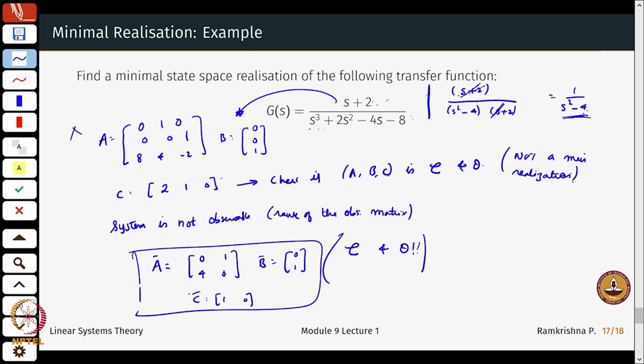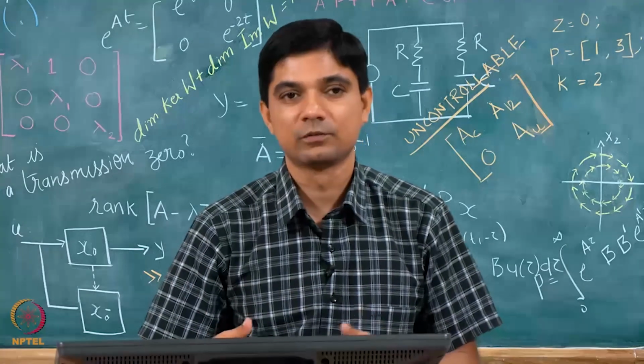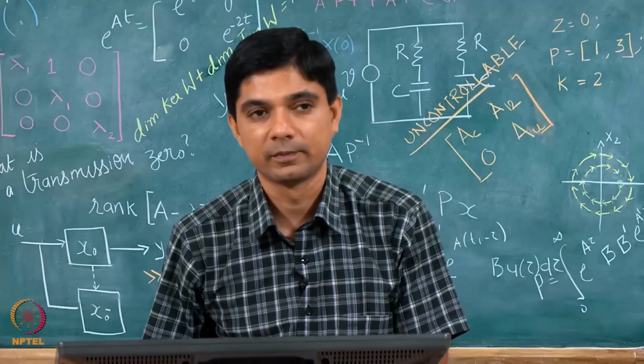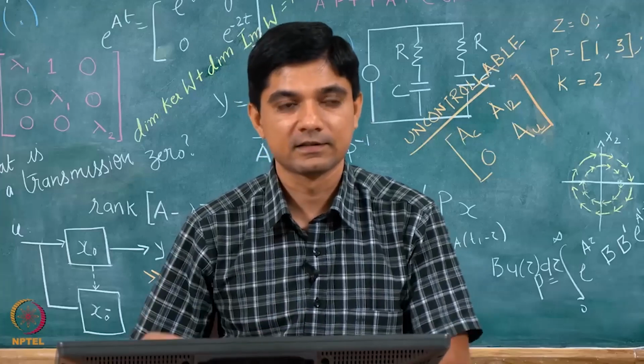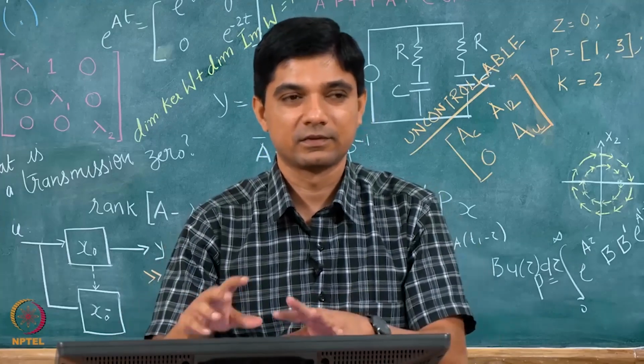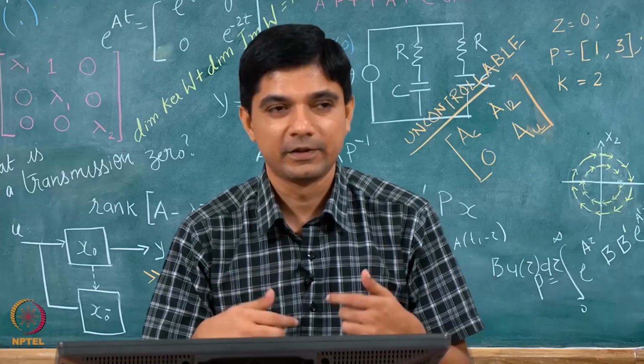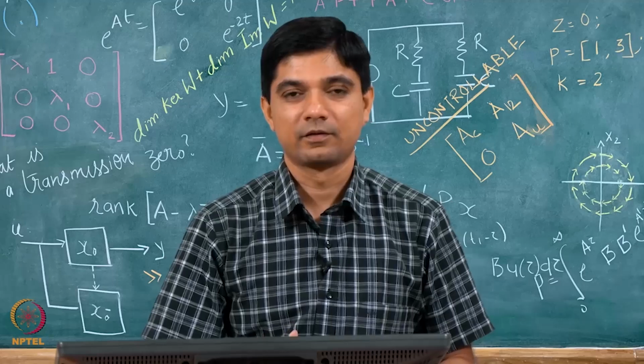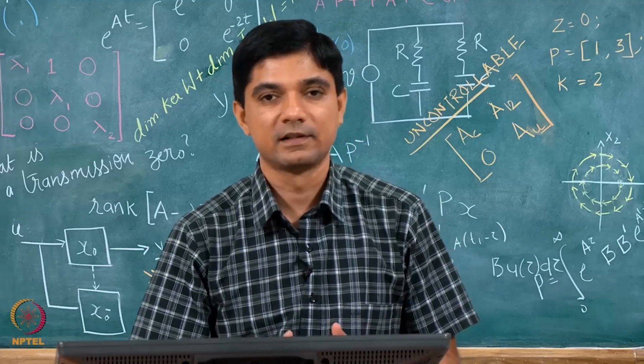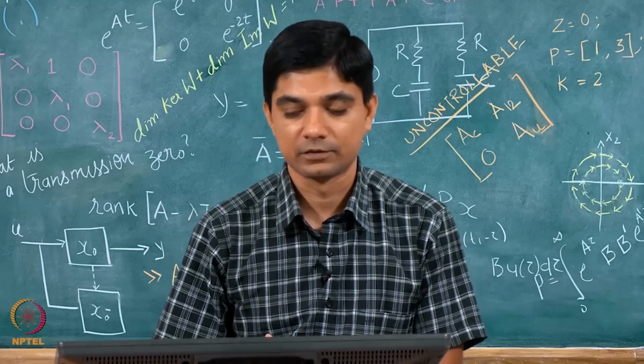We also talked about the relation between the system losing controllability or observability via pole zero cancellations, and we can look at it from that point of view to get some intuitive relation between them.